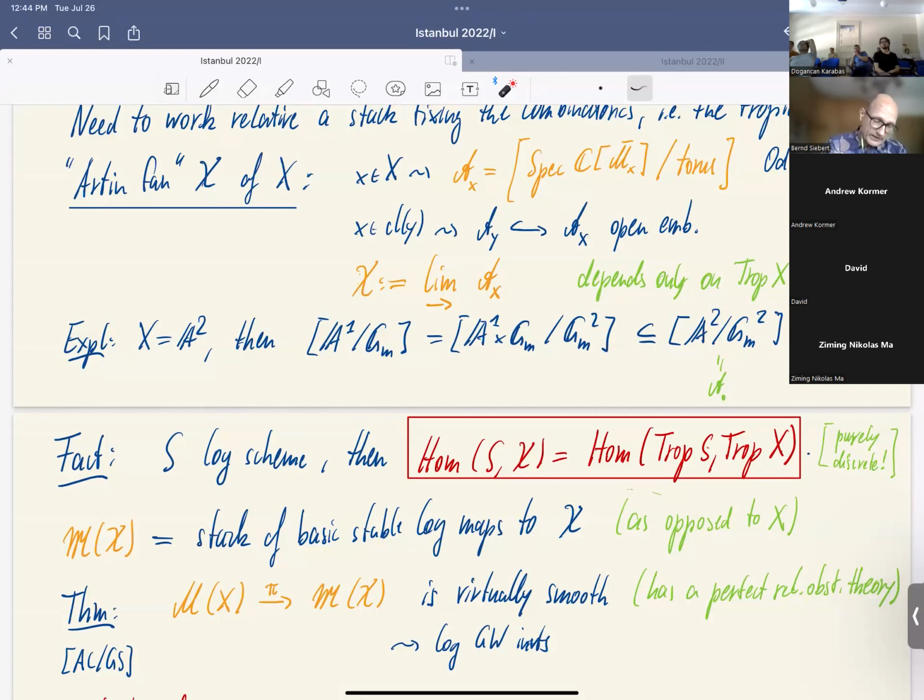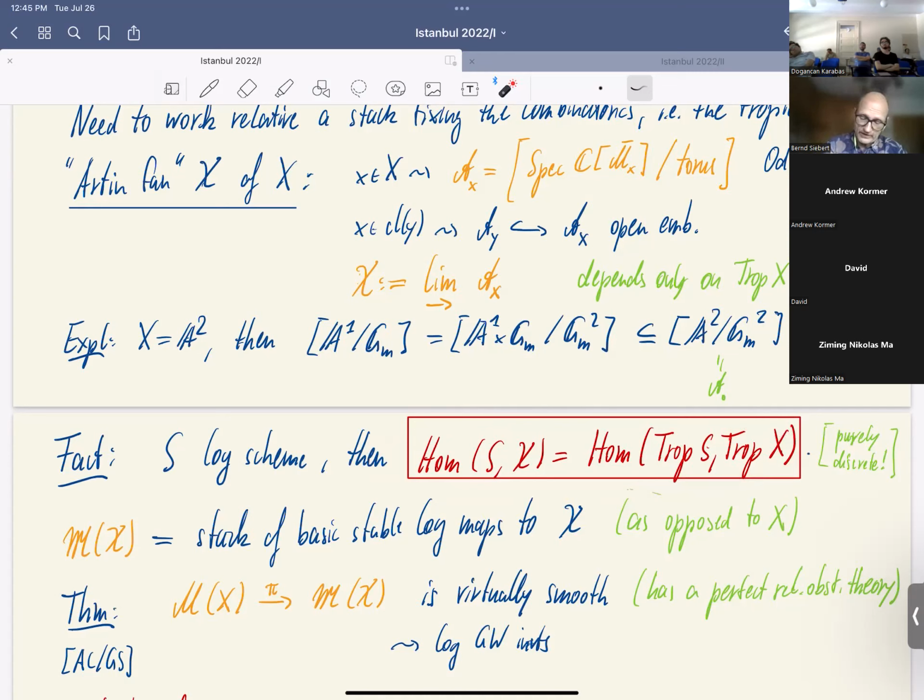And then the base stack you have to work over is often denoted frak M, in the usual case, to denote the stack of pre-stable or nodal curves. And now it depends also on this Artin fan, curly X. You look at the stack of basic stable log maps, but now not to usual X, but to curly X. So let's try to spell this out in terms of this insight.